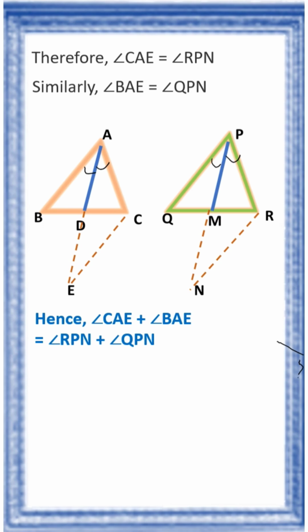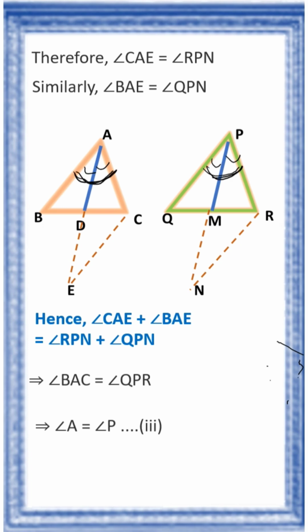So angles CAE plus BAE, this whole angle is equal to this whole angle. It implies that angle BAC is equal to angle QPR, meaning angle A is equal to angle P. Let it be equation number 3.